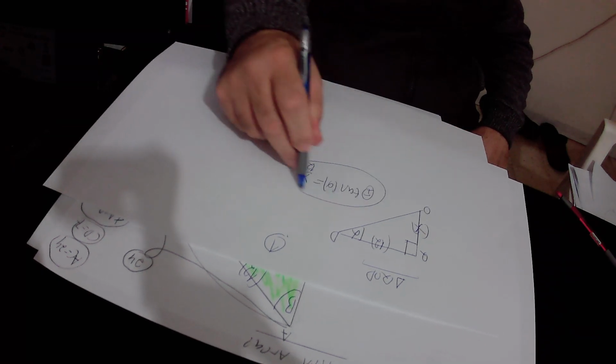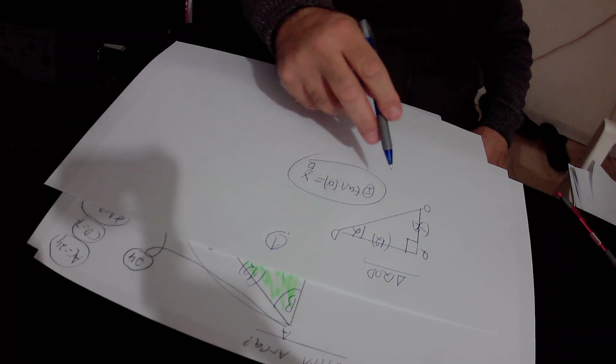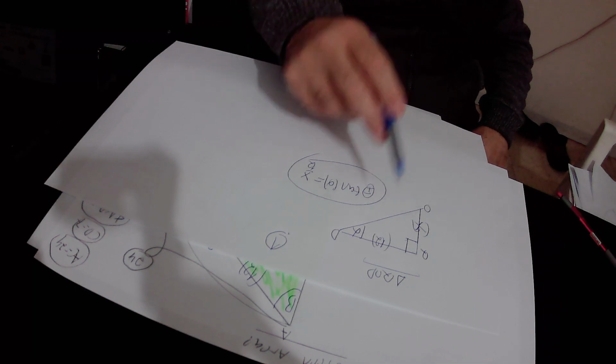Okay, repeat again, in this right triangle QOD, tangent alpha equals x over 12.